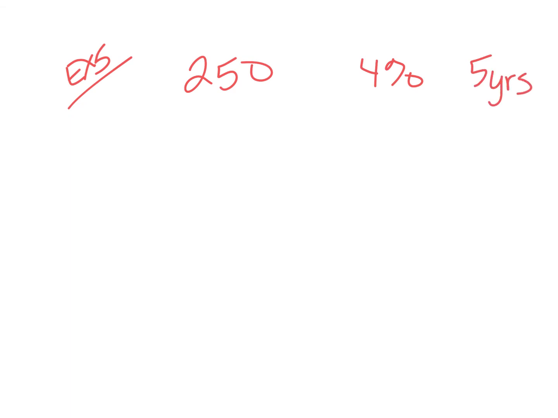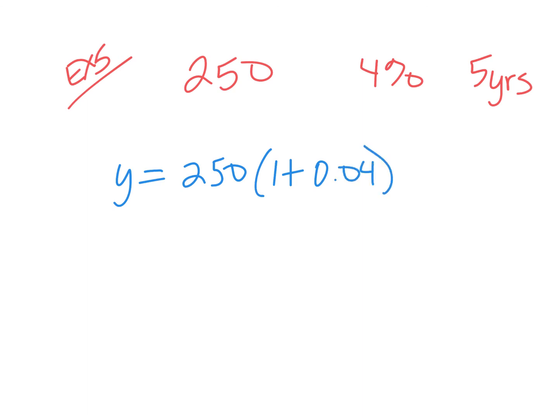So let's plug this into our model. y equals, what's our initial amount? 250. 1 plus, what's our rate? 4%. So 0.04, because you make it a decimal. And how many years? 5 years. So let's plug this in and see how much money he had at the end of 5 years.